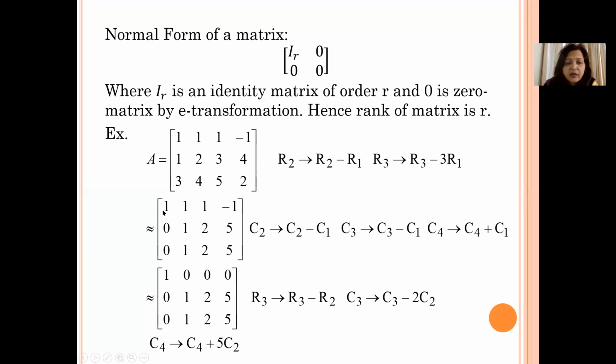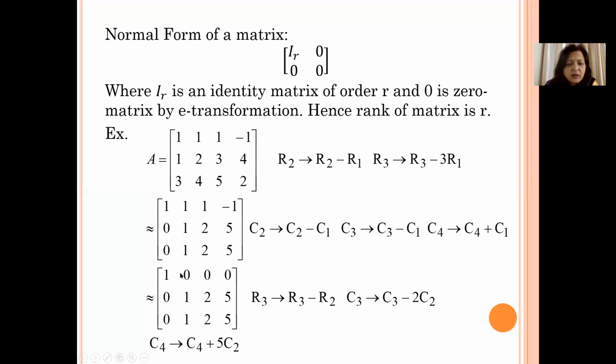It means we have to reduce the other 3 elements of the first row to 0. To do this, we operate C2 changed to C2 minus C1, C3 changed to C3 minus C1, and C4 changed to C4 plus C1. Now using these operations, we get this matrix.